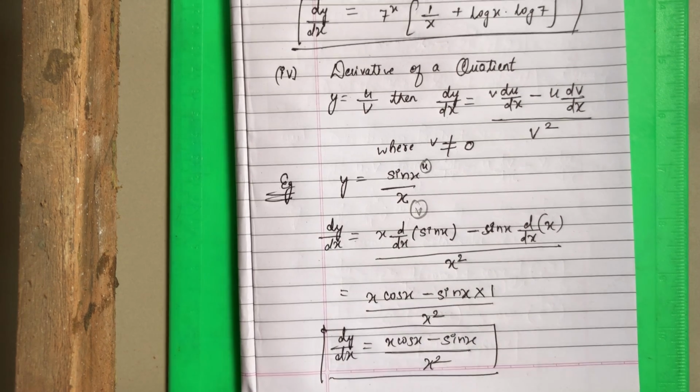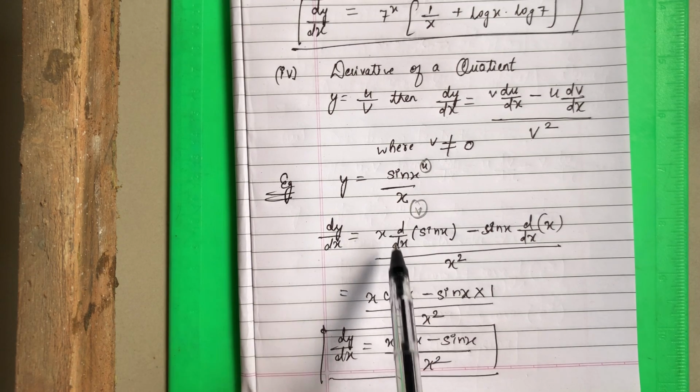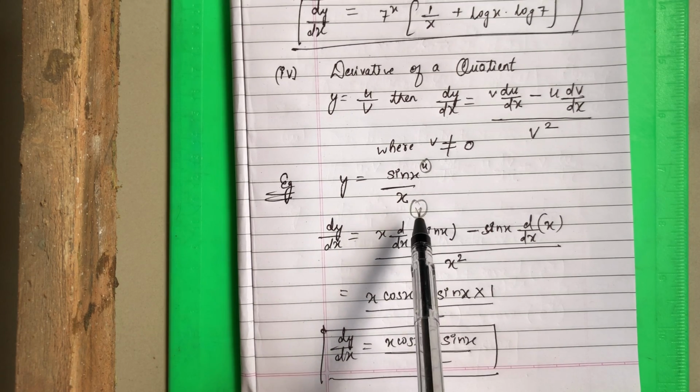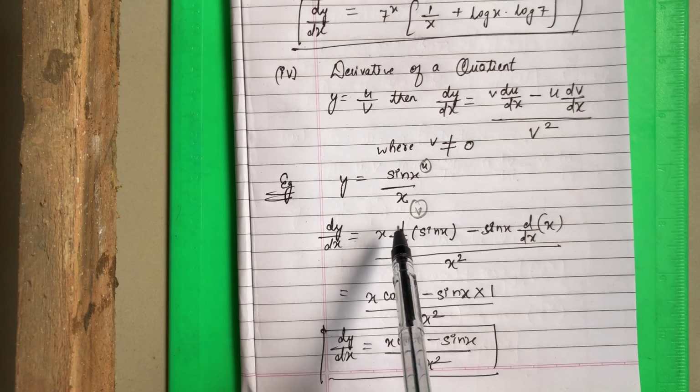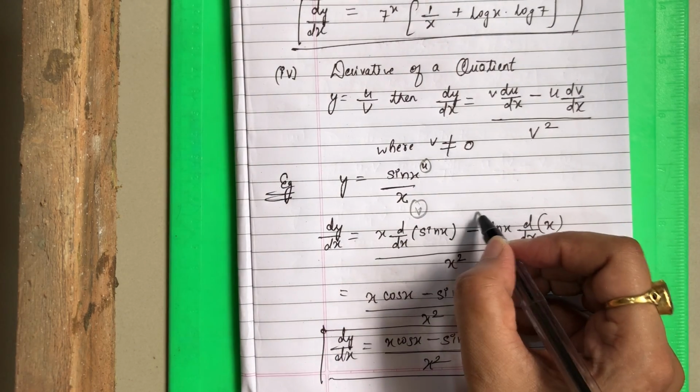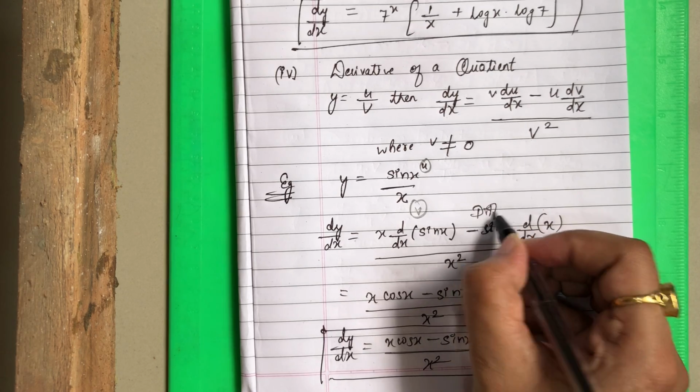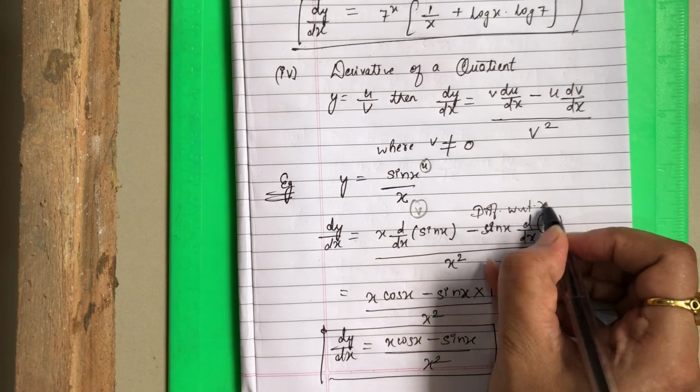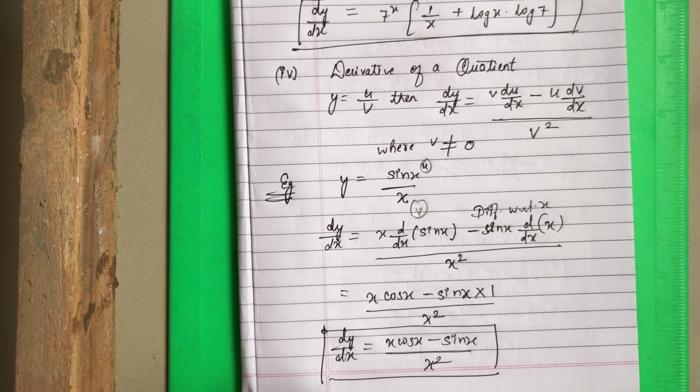This is the answer. Hope you understand that dy by dx is equal to x cos x minus sin x upon x square is the differentiation of this example, that is y is equal to sin x upon x, by using u and v. Here you can write differentiate with respect to x. It's understood, differentiate with respect to x, which we are writing in every question.